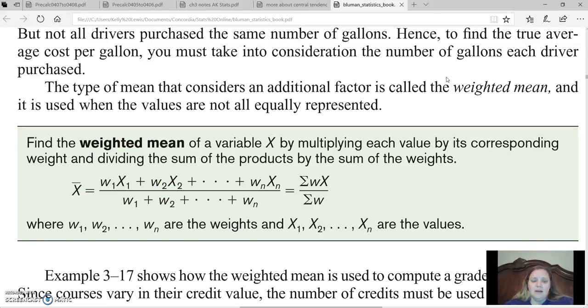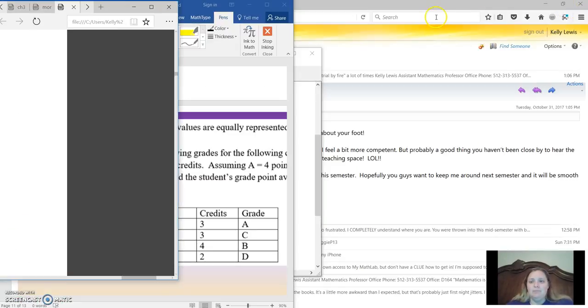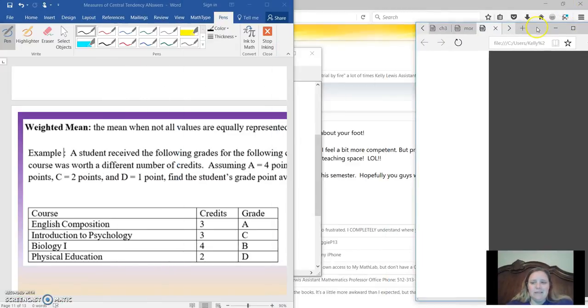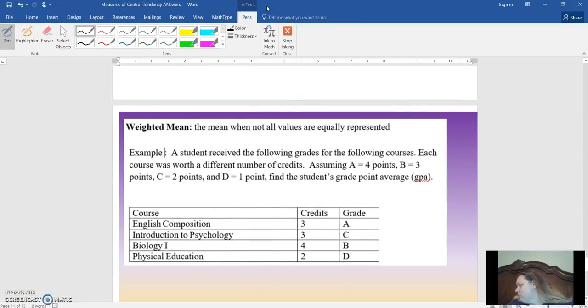And so you can still figure out how to do the problem and maybe not be so intimidated by the formula.